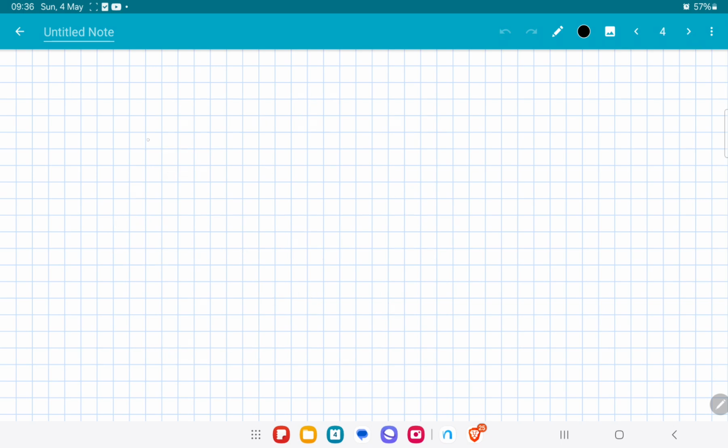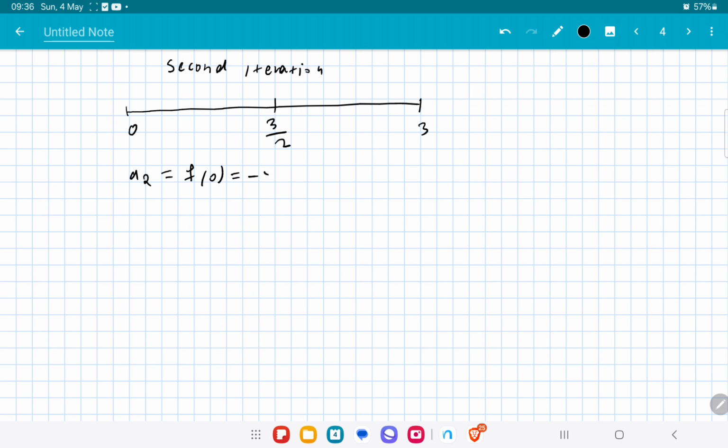Now I progress to the second iteration. I have 0, I have 3, and here I have 3/2. So a2 is 0, and f(0) is -2, negative. b2 is 3/2. f(3/2) is 19/4, and it's positive.